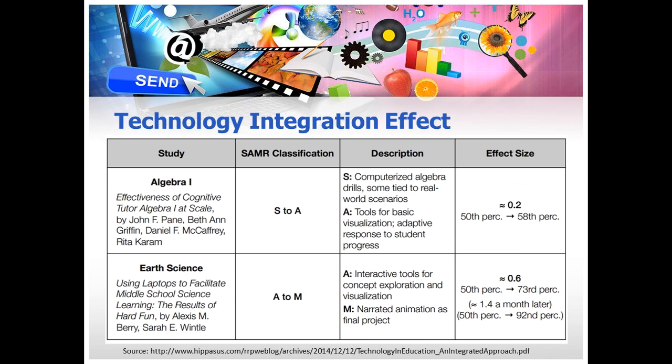Another criticism that has come up specific to the SAMR model is the concern around the ambiguity that exists in the augmentation stage and the modification stage. The lowest and the highest levels, substitution and redefinition, respectively, are very well defined.